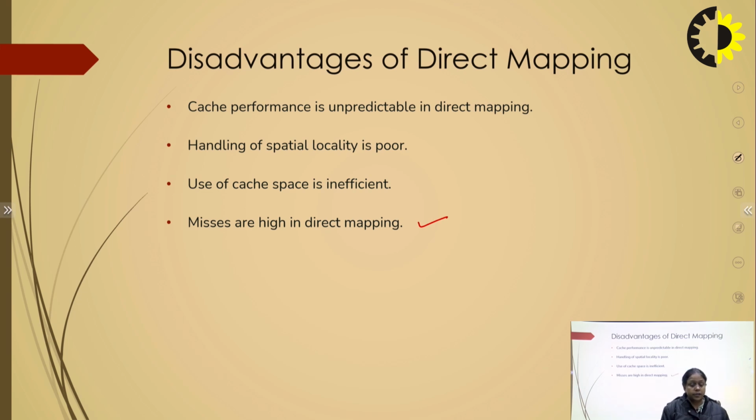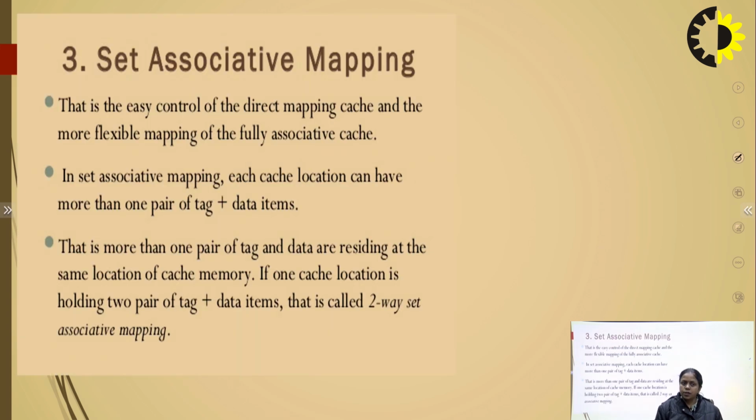This is the main disadvantage we have to reduce, because if the number of misses increases, then the efficiency of the cache memory decreases, which is not acceptable. So we will use the next mapping scheme, which is known as set associative mapping.